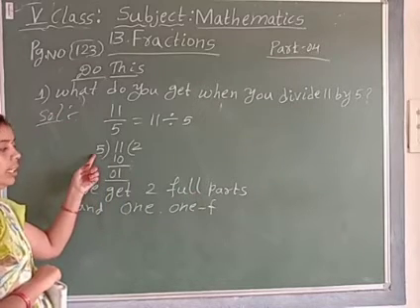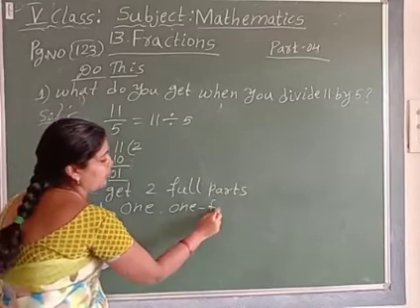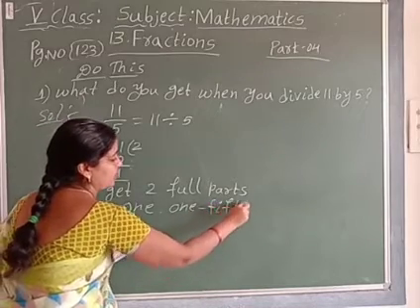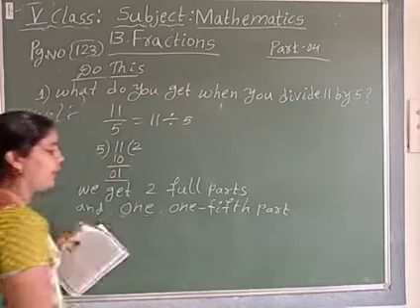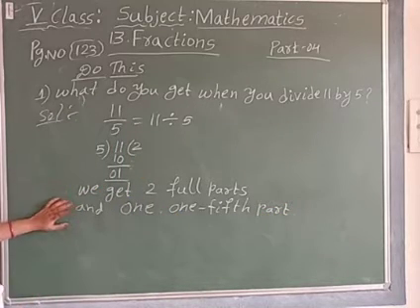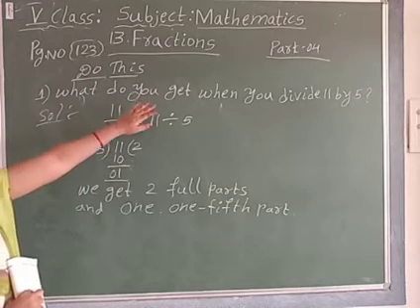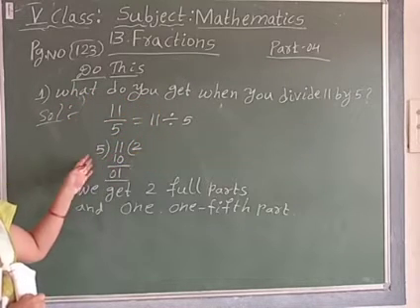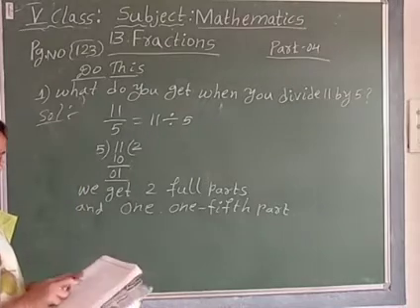So this denominator, 1/5 part. Understand? So we get 2 full parts and 1/5 part. So we are given 11/5 like this. So write it down.